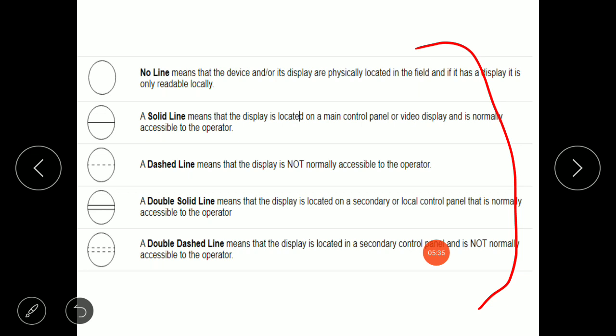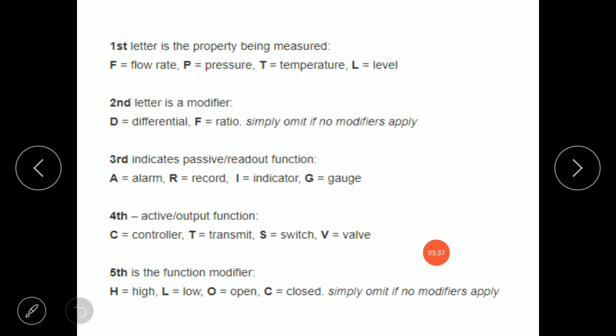Now inside the shape, there are letters and numbers that are used to designate the property being measured and the function performed with that measurement. Typical functions are display, record, transmit, and control.